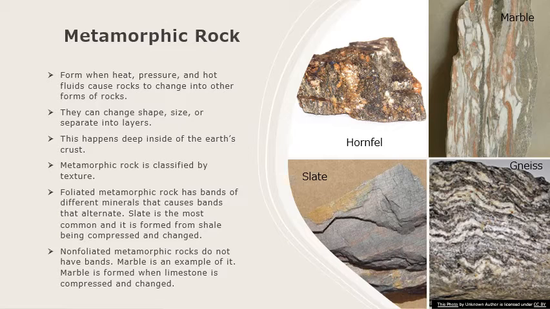So now non-foliated metamorphic rocks do not have bands. So marble, it looks kind of like it has bands, but I guess it really isn't an example of a foliated metamorphic rock, as the bands are not as formed, but the hornfels and the marble are examples of the non-foliated metamorphic rock.